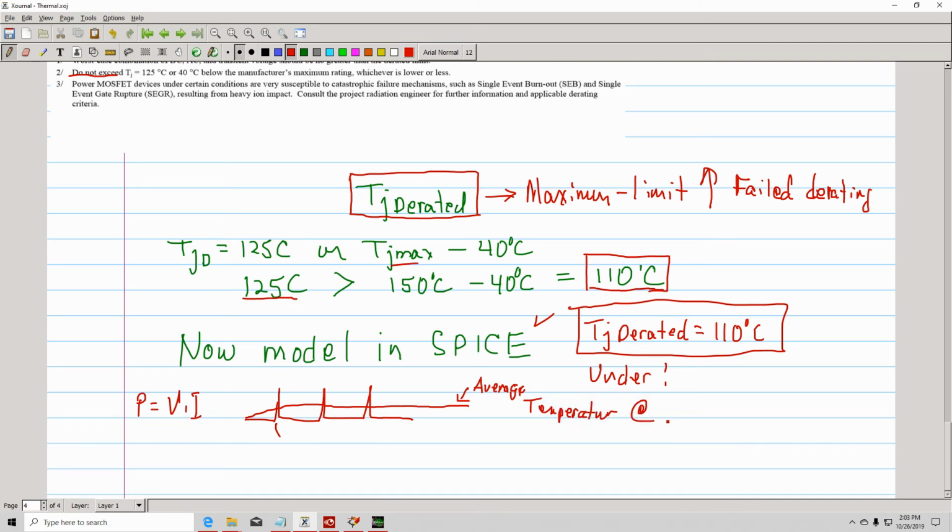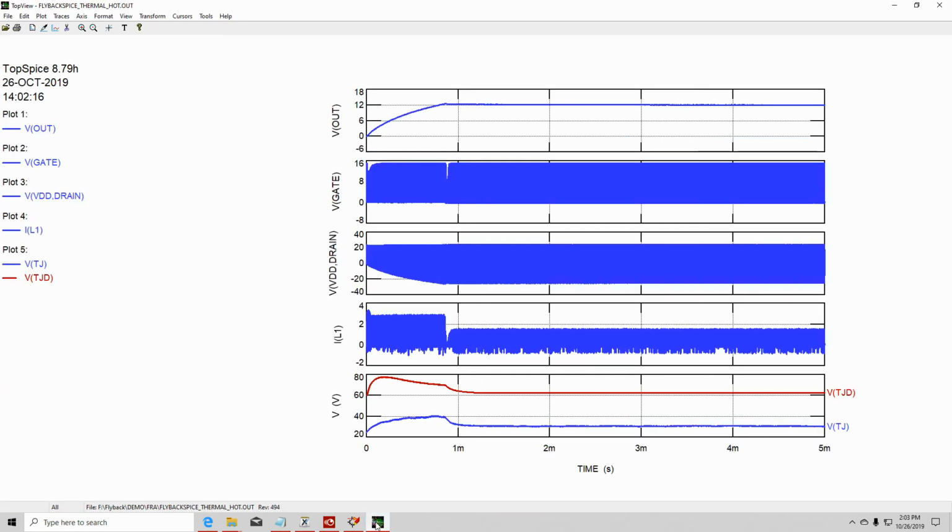At steady state. Okay, so let's see, and if we look at the temperature here, this is showing the temperature of the junction, which looks like it is 30 degrees.